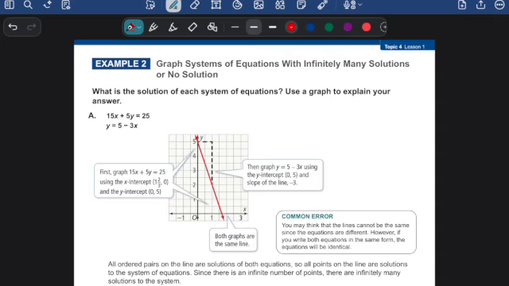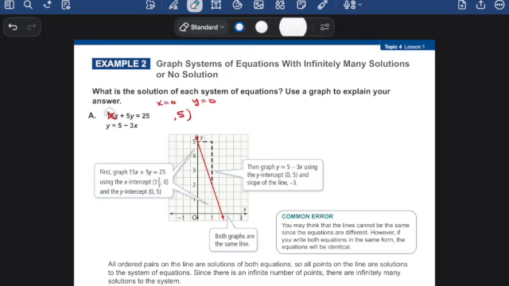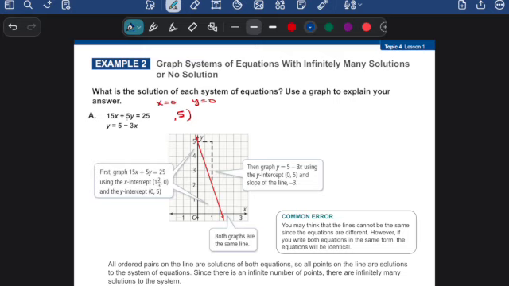So if we use our intercepts, remember we're going to use when x equals 0 and when y equals 0 to graph. So if x equals 0, then that is 5y equals 25. So then the y coordinate would be 5. Just going to write it like an ordered pair. And then if y equals 0, then I have 15x equals 25.